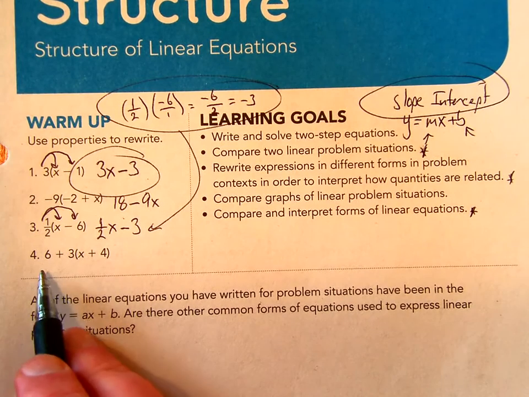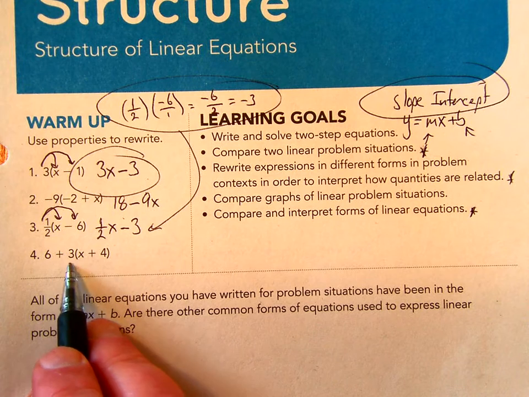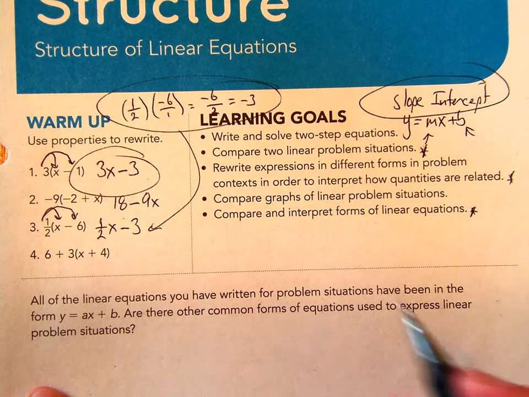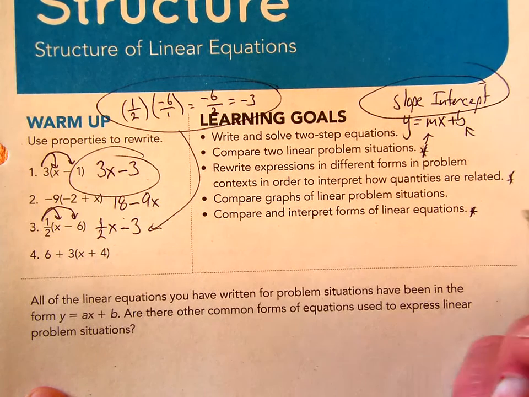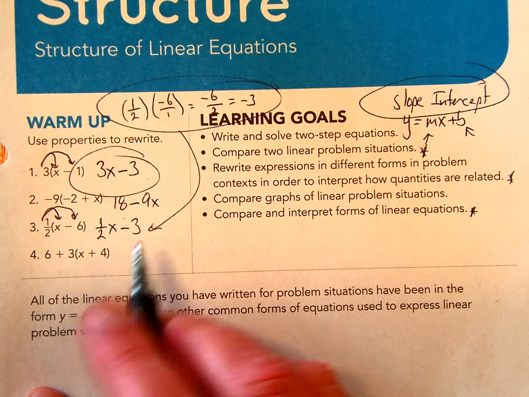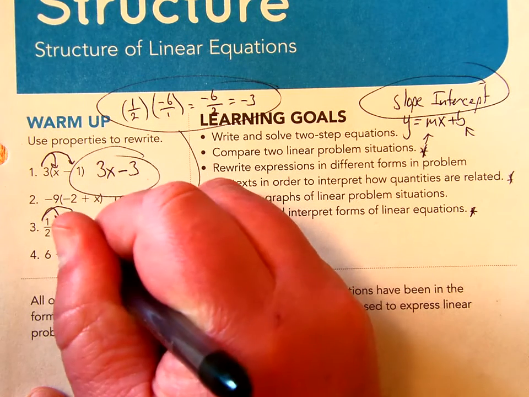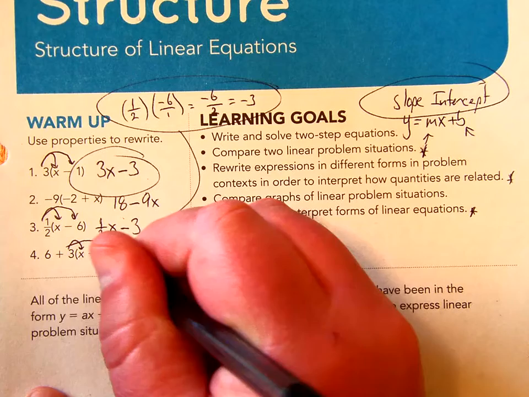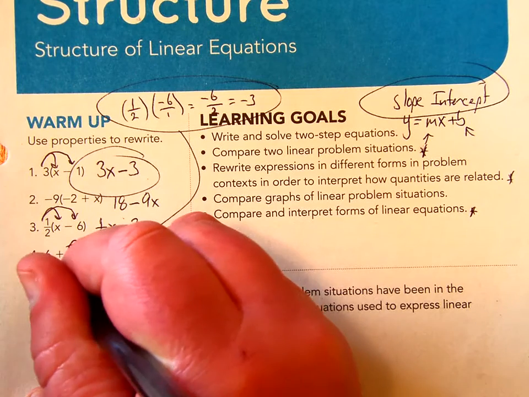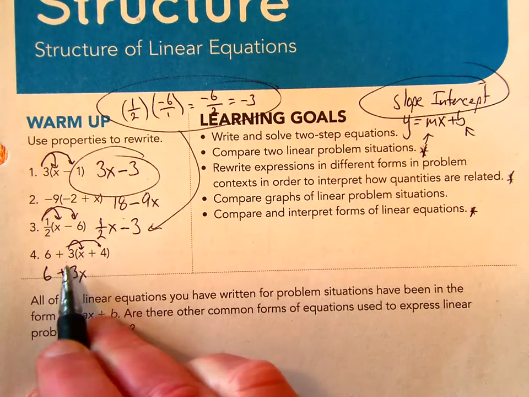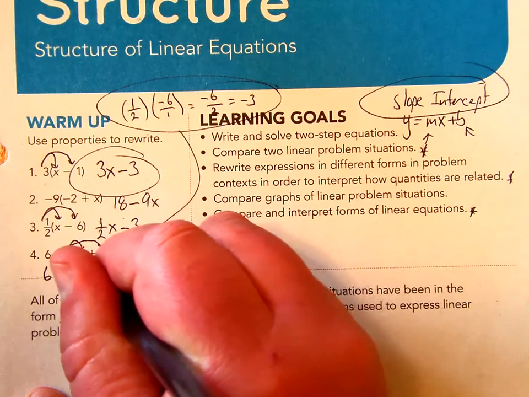On number 4, 6 plus 3, open parenthesis, x plus 4, close parenthesis. Order of operations, I can't combine these terms in the parentheses. These are not like terms. I'm going to multiply or distribute then into the parentheses. The 6 is still the same. 6 plus 3 times x is 3x. 3 times 4 is 12.